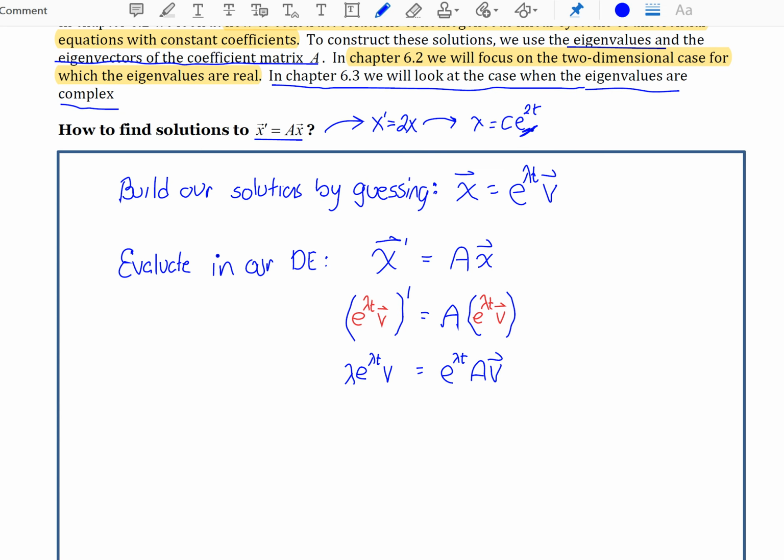To solve this equation, we're going to regroup all our terms on the right-hand side of the equals sign to obtain 0 equals e to the lambda t Av minus lambda e to the lambda t v.